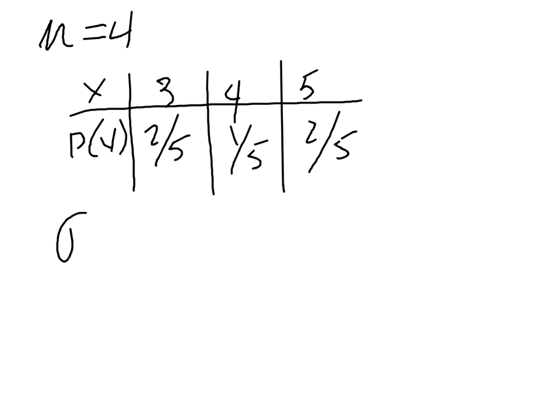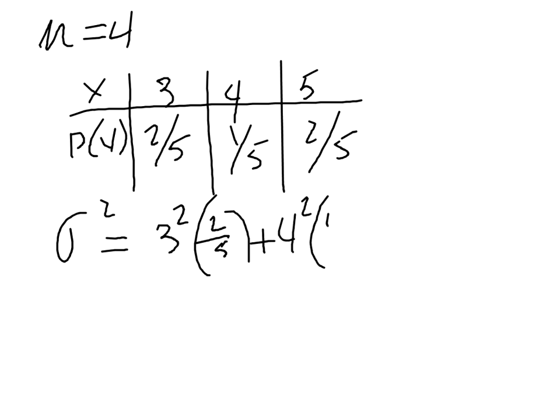And so to find our variance, we square each one of the random variables and it's the sum of the random variables squared times the individual probabilities. And you can follow along with your calculation. So it would be 3 squared times 2/5 plus 4 squared times 1/5.